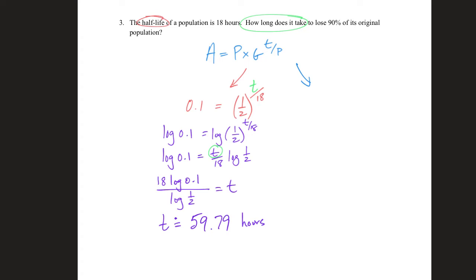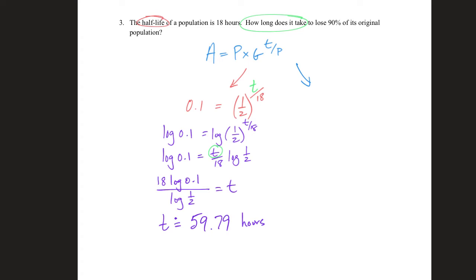So by no means am I saying that this is like a better solution. In fact, most of you are going to like the red setup. But I do want to talk about this alternate way to interpret the problem because it'll show us a little bit something extra in our mechanics, but it's also important for us to know like there isn't one way that we have to apply this relationship.